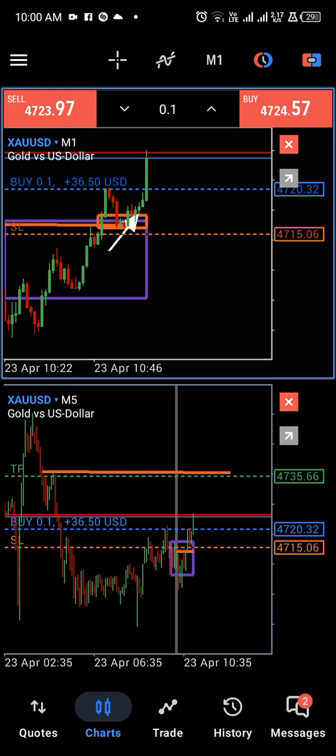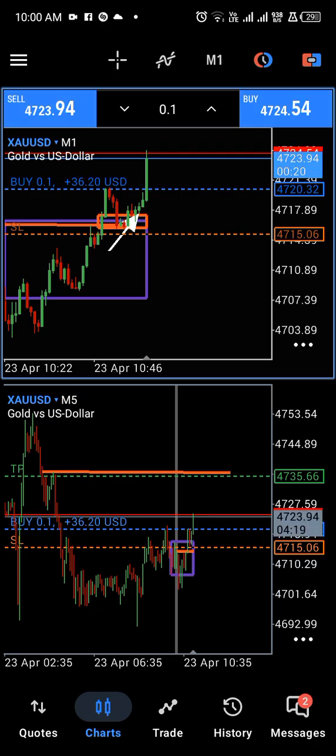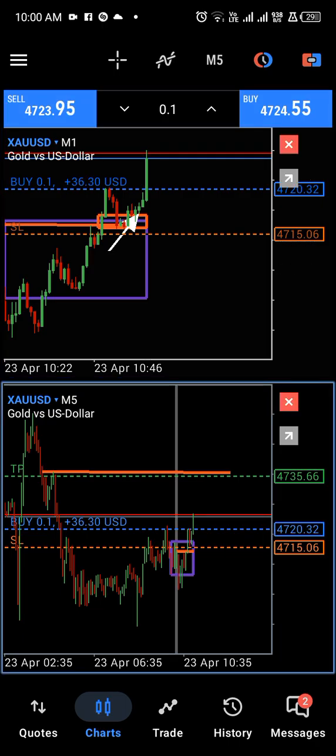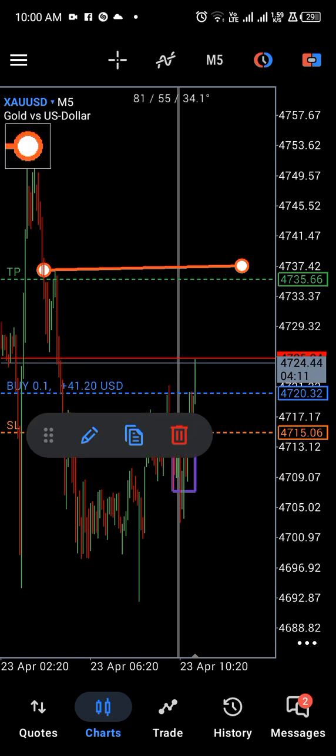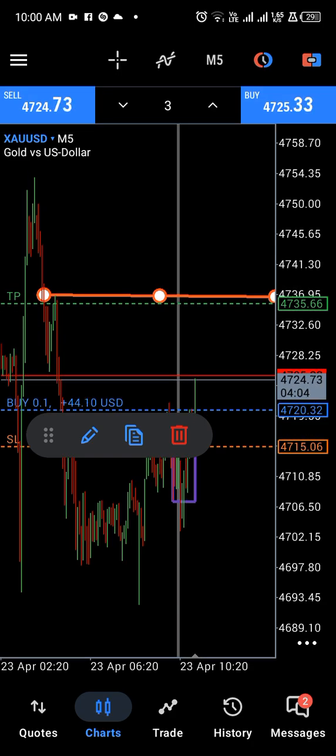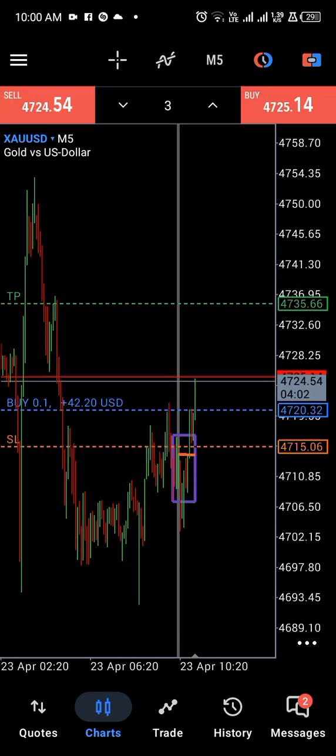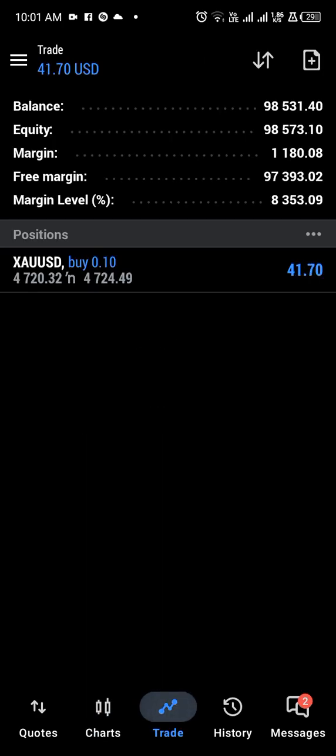It is a 1:3. I think I will focus on my 5 minutes time frame because it seems to give more information than the 1 minute time frame. Yeah, so far it is up 40.